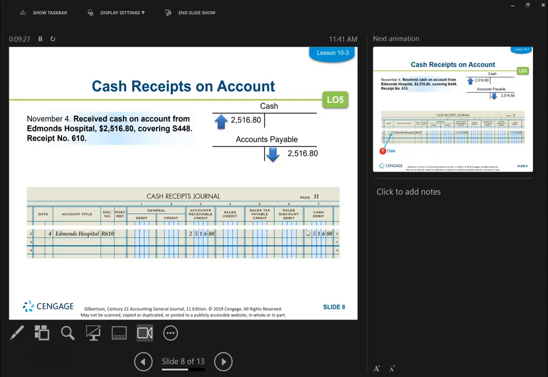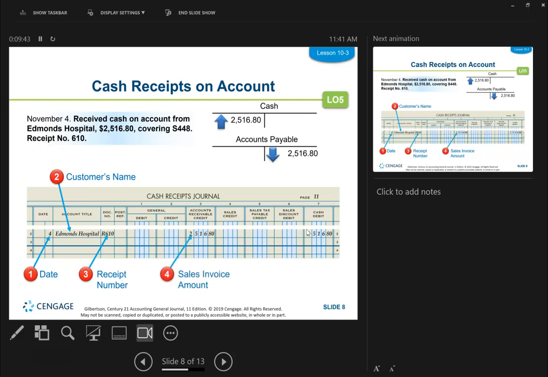So we date. Here we have an account title because this is linked to a specific company that has an account with us. They're paying down their balance on their account. The document number was that receipt 610. The accounts receivable, the quantity of money owed to us, gets credited because that's going to decrease because cash has come in.